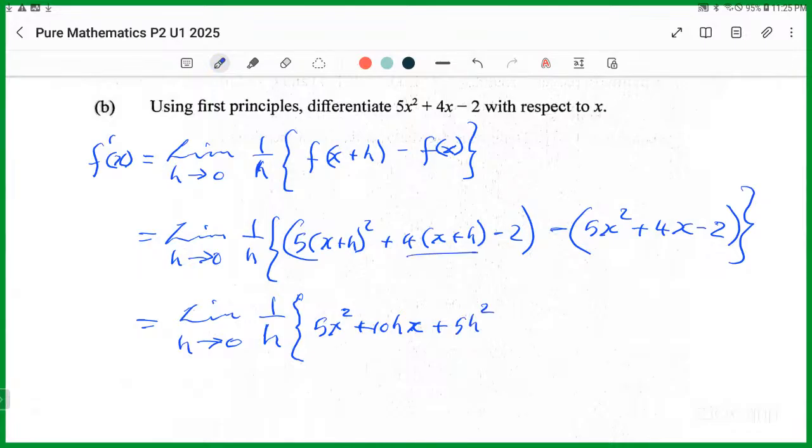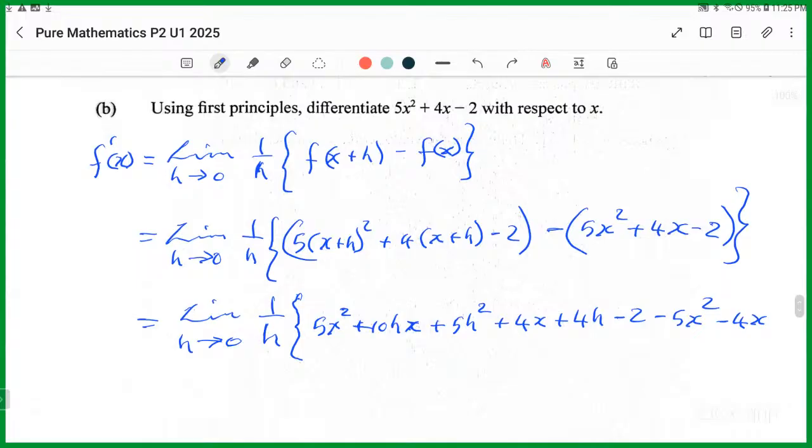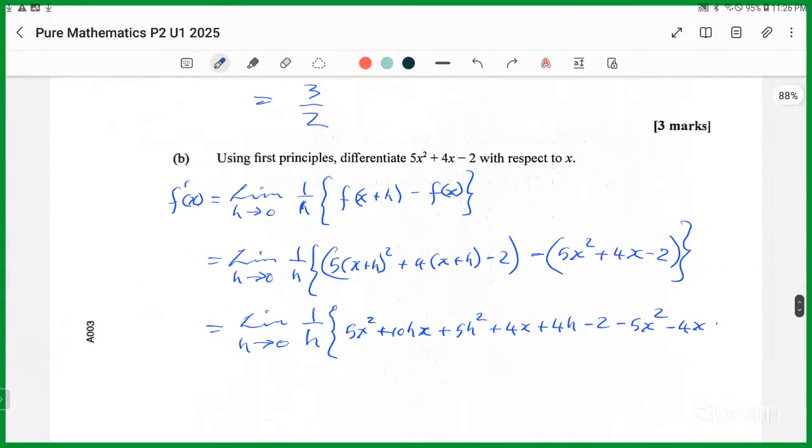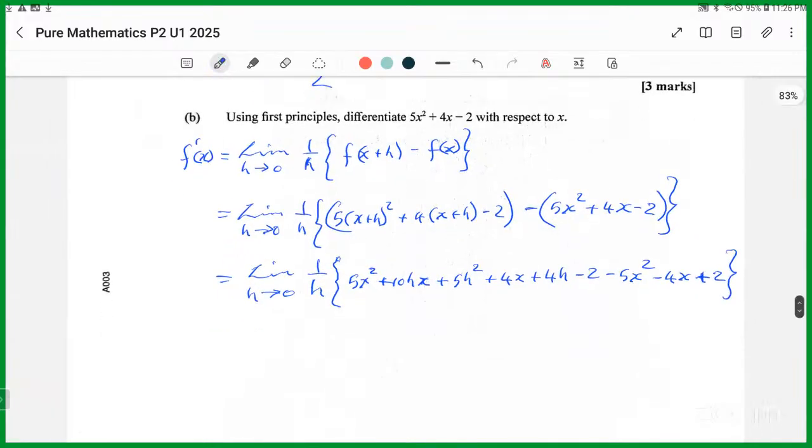I'm going to expand this: I'm going to get plus 4x plus 4h minus 2. Put this up now. I'm going to get minus 5x squared minus 4x, and then this minus makes it a plus 2. All inside there.